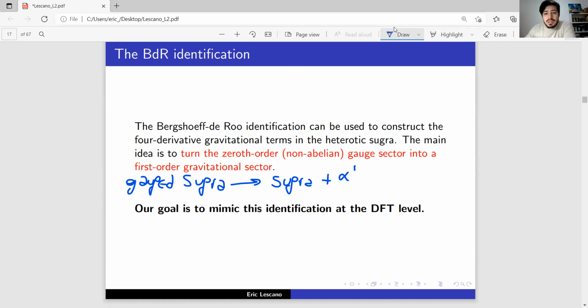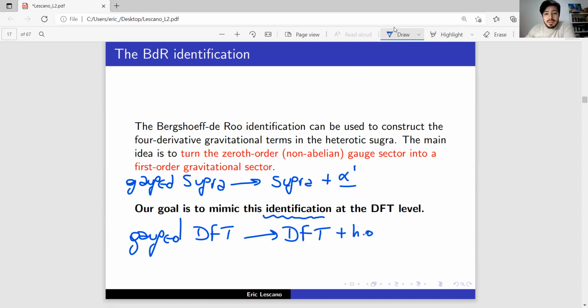These alpha prime corrections, of course, are 4 derivative terms, gravitational 4 derivative terms. So our goal is to mimic this identification at the DFT level. We want to start with a gauge double field theory to perform a kind of generalized identification, and then obtain a DFT plus alpha prime corrections, or plus higher derivative terms, if you want.